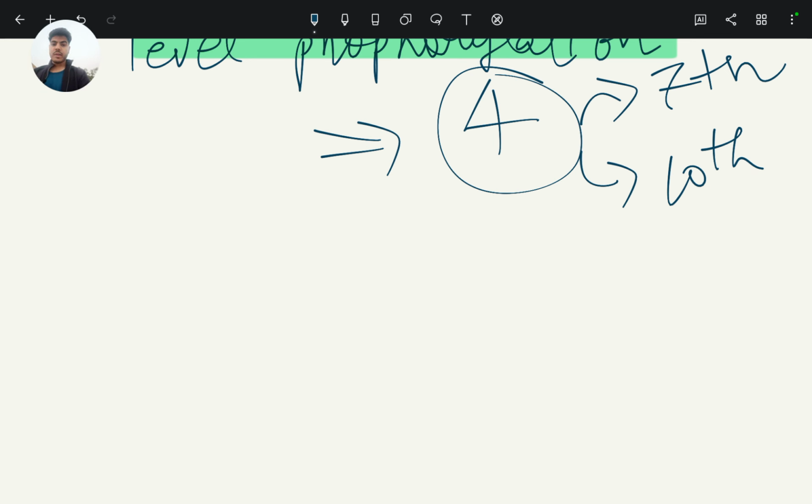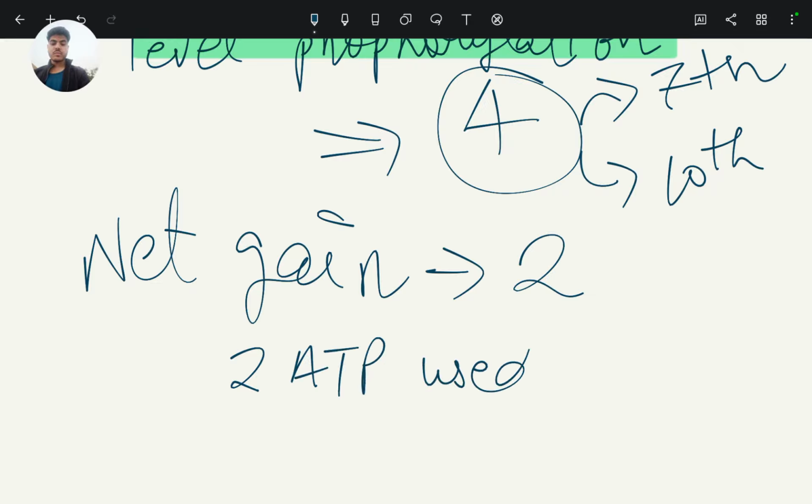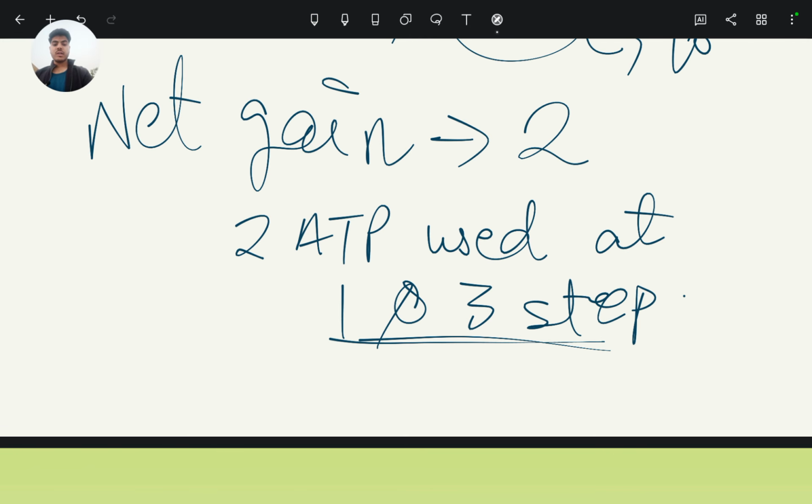Net gain of ATP is 2, because 2 ATP are used at the first and third step of glycolysis. So net gain of ATP is 2, and indirect ATP is from NADH.